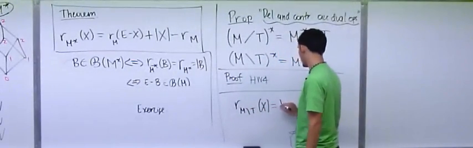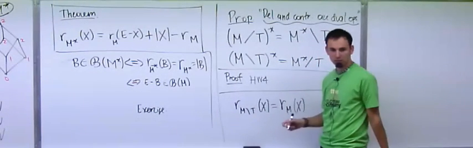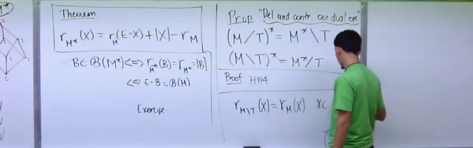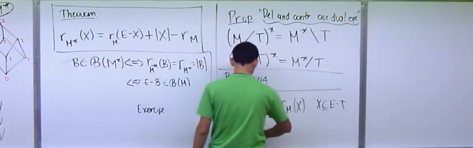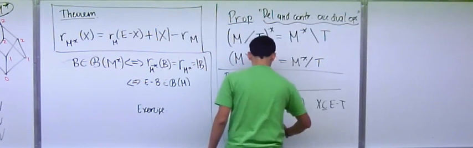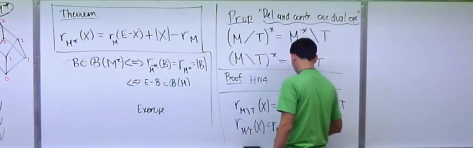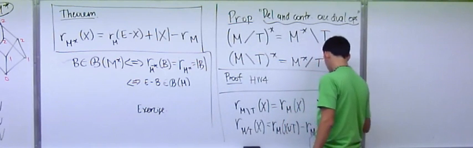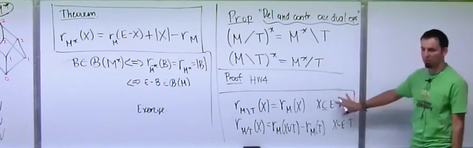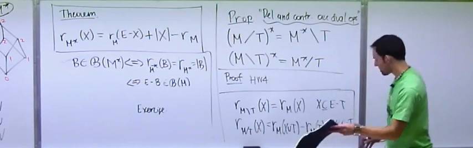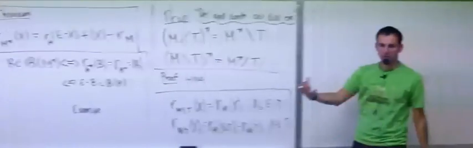I defined deletion according to the definition that the rank function of the deletion is equal to the rank function of the matroid, except you restrict to sets inside E minus T, and the rank function of the contraction was the rank of X union T minus the rank of T. These were the definitions. We said that this is either taking a lower cube or taking an upper cube in your big hypercube over there.